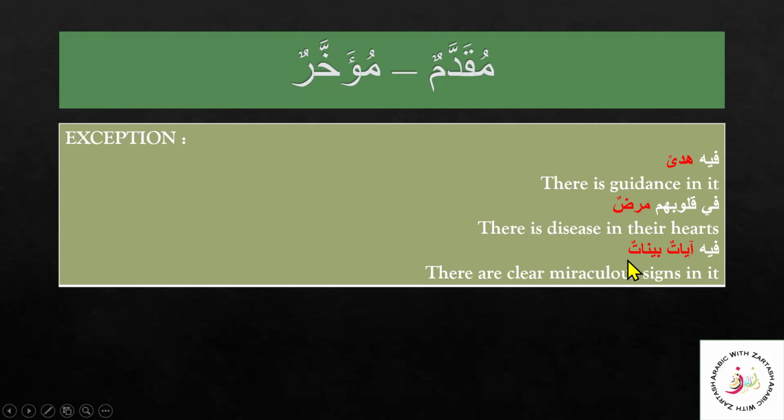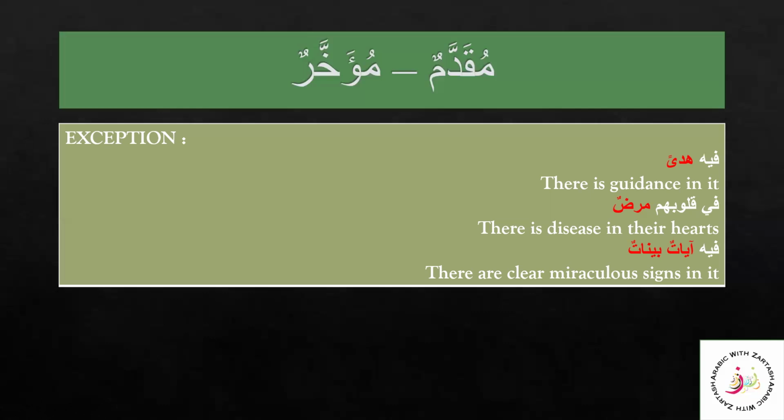But the exception that we are going to learn is that this is not creating any exclusivity in the sentence. Why? Because we know that mubtada is always definite, it's always marifa. But here in the example, you can see that the mubtada is nakira. There are some reasons why the mubtada is nakira.